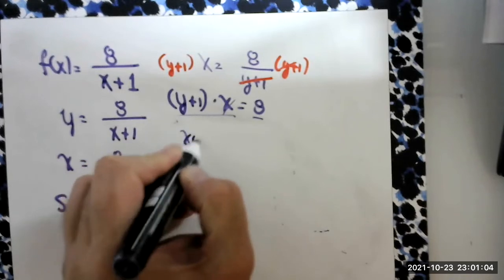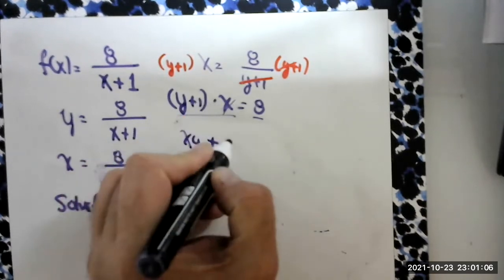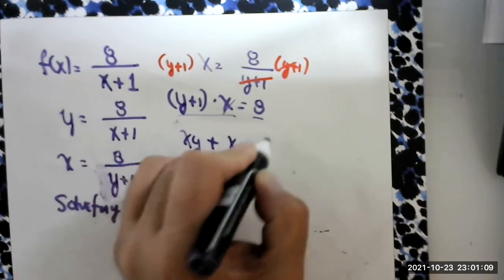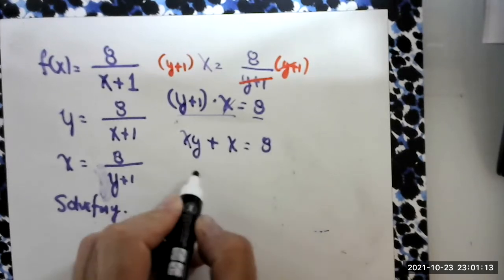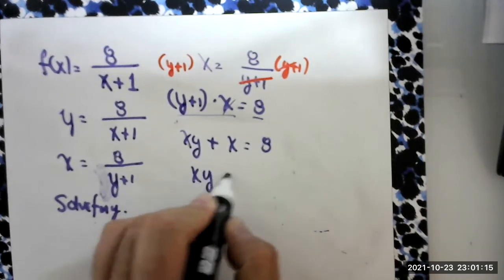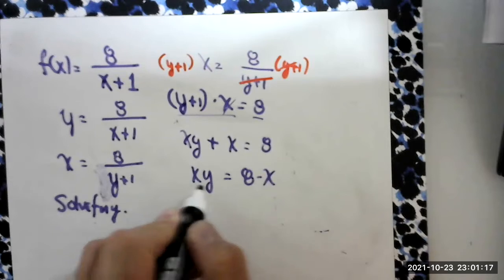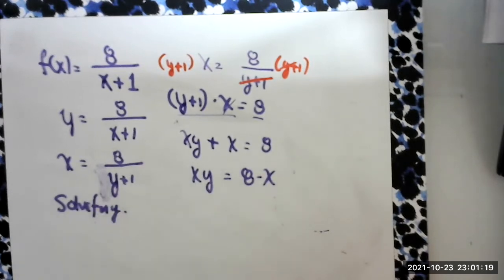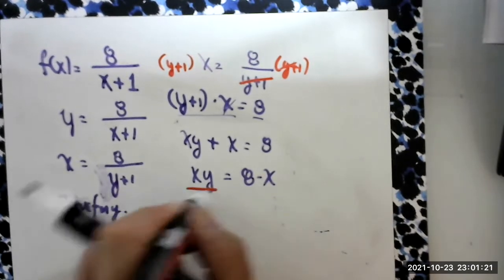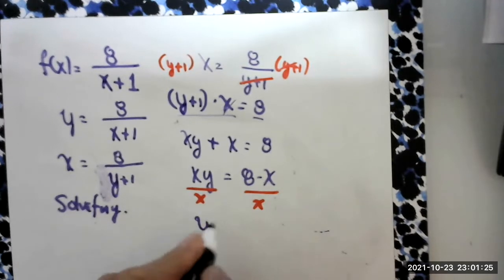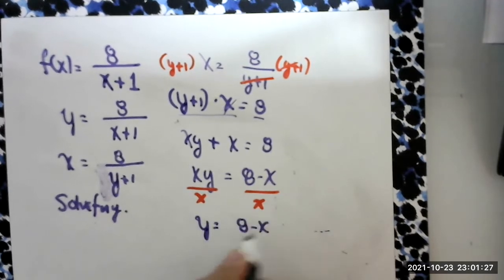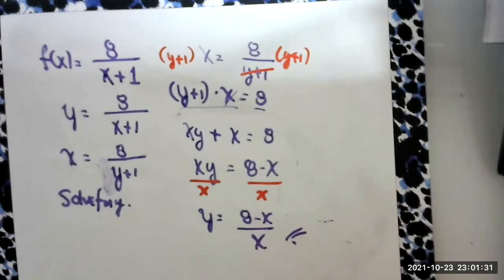That'll be xy plus 1 times x, 1x equals 8. Since I'm solving for y, this x can be subtracted: 8 minus x. And now, since I'm solving for y, I may divide by x. So y equals 8 minus x over x. Done. That's my inverse function.